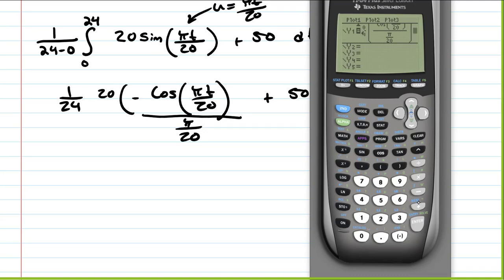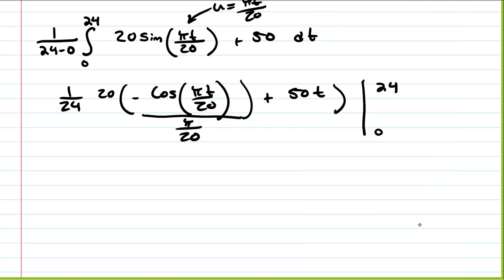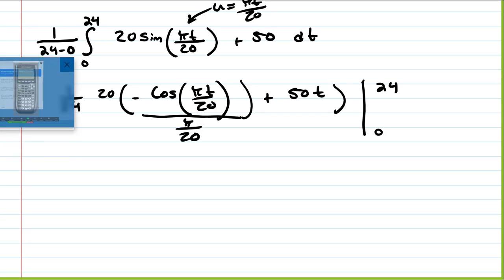And then plus 50x. So I get all that put in, and then I just go alpha trace, and I'm going to go y of 24, and I am going to take away y1 of 0, hit enter, and that is not the correct number. So what did I type into my calculator wrong?